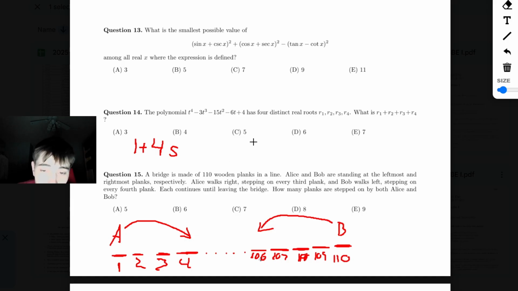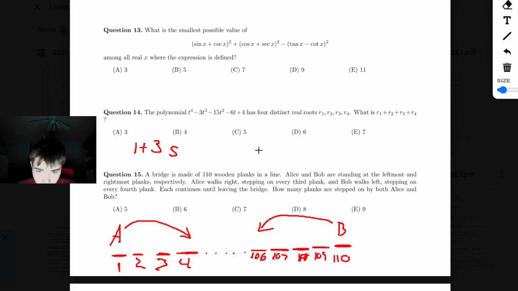So if you can write a number like 1 plus, she steps on every third one. 1 plus 3S. Yeah, that's right. Alice steps on every third plank. So if you can write a plank in the form 1 plus 3S, where S is an integer, a non-negative integer, I guess, because 1 counts, then Alice will have stepped on it.